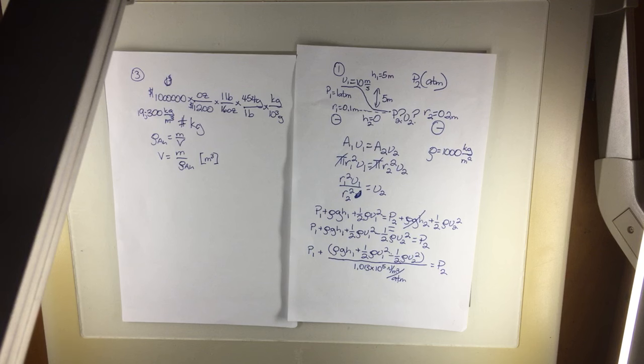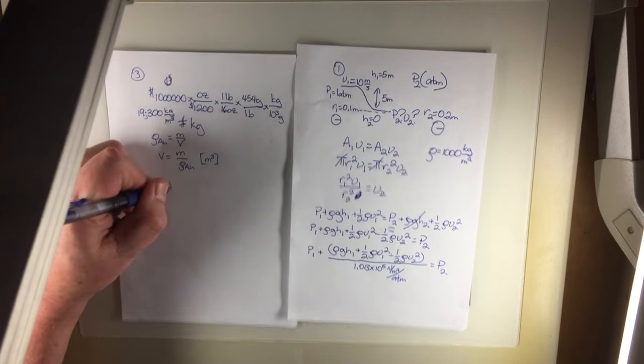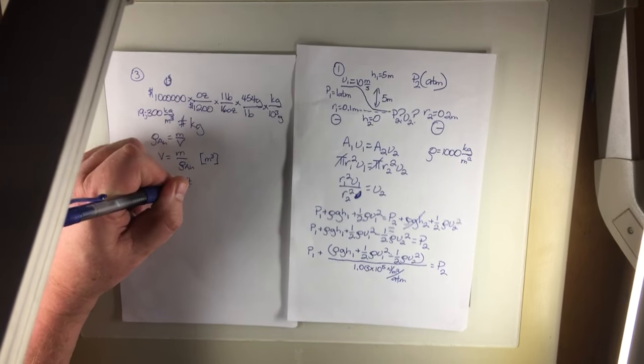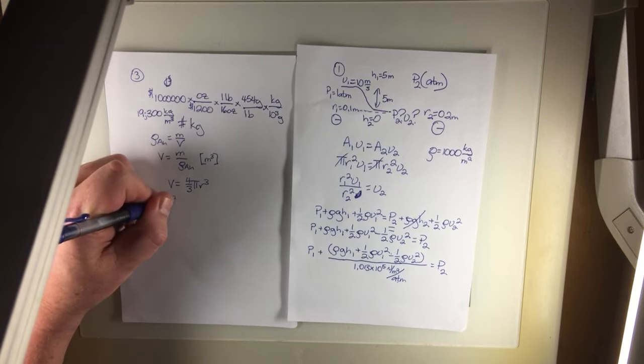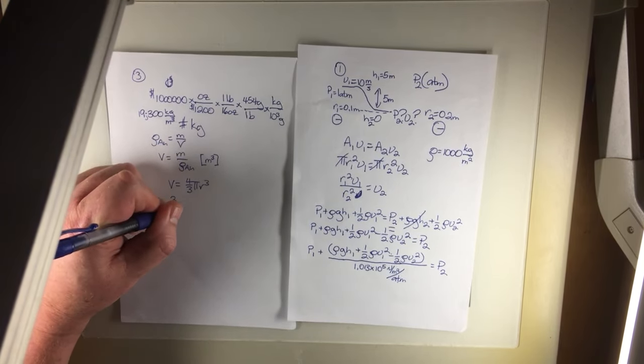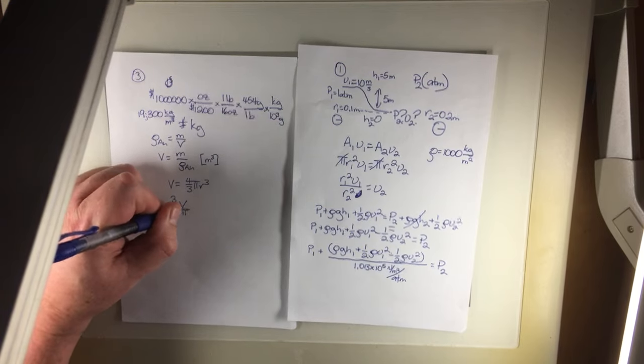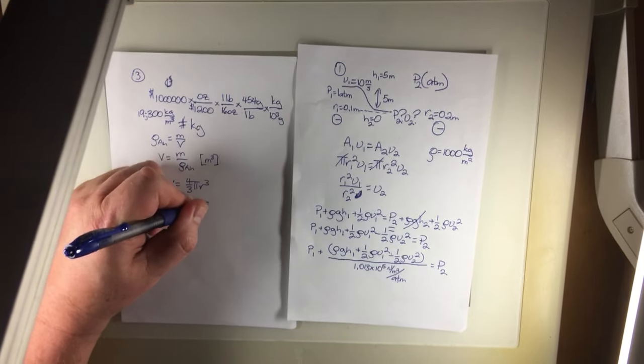The question is, if the gold was shaped in the form of a sphere, what is its radius? Well, volume of a sphere is 4/3 pi r cubed. So 3/4 times V over pi is r cubed.